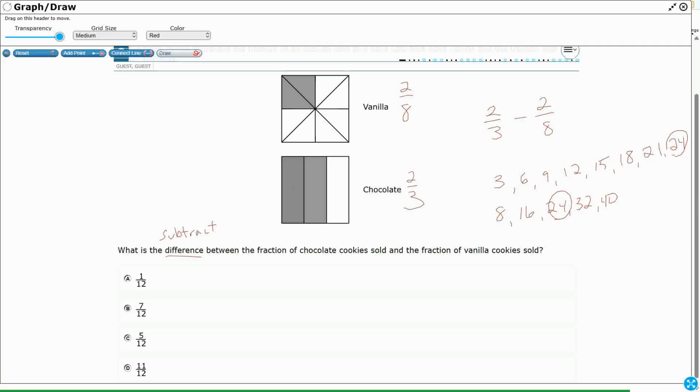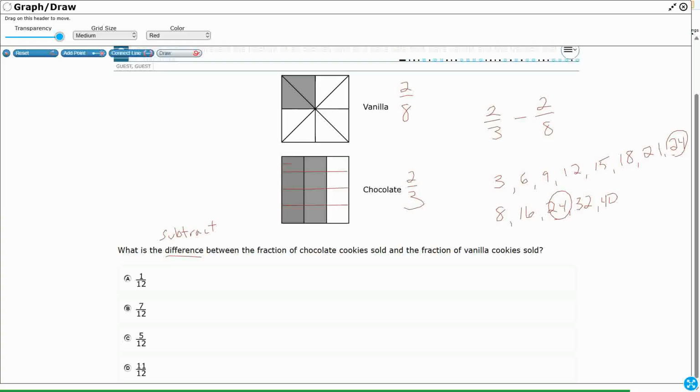We could easily do it with the chocolate, right? So what I could do is I have these thirds. I need to cut them into 8 pieces, right? So I could kind of do it like this. I'm going to cut it in half, cut each half in half. Now I've got fourths.